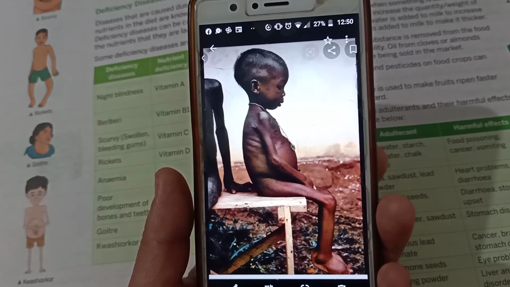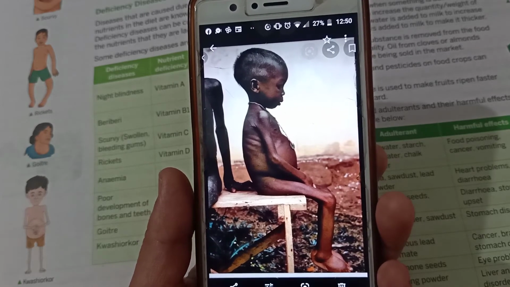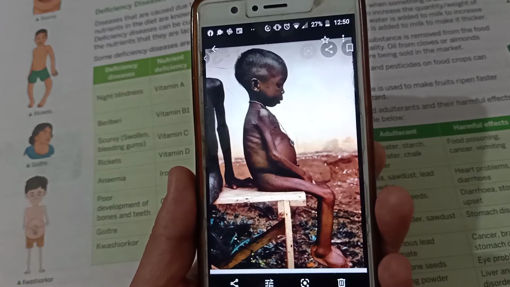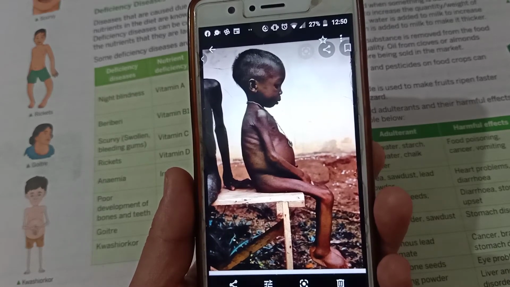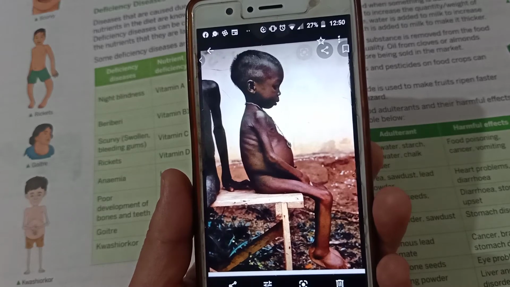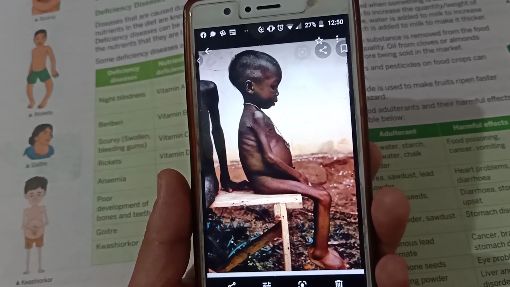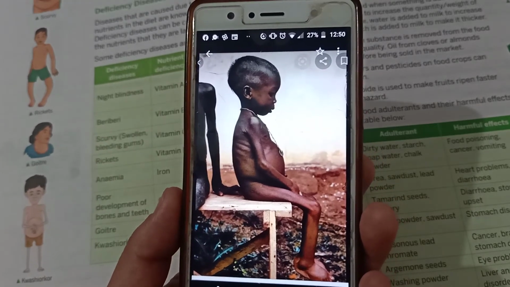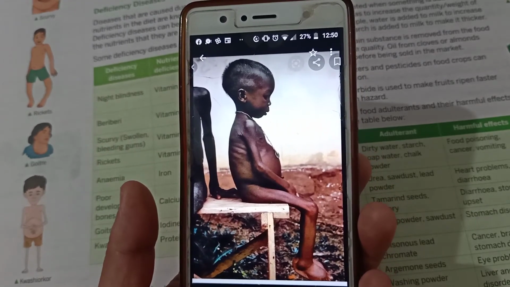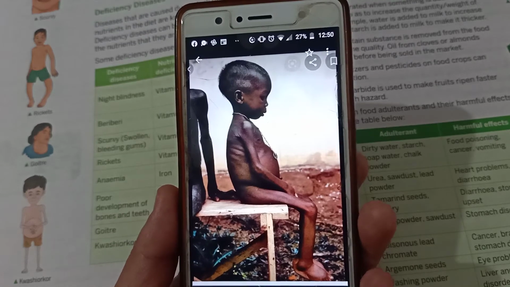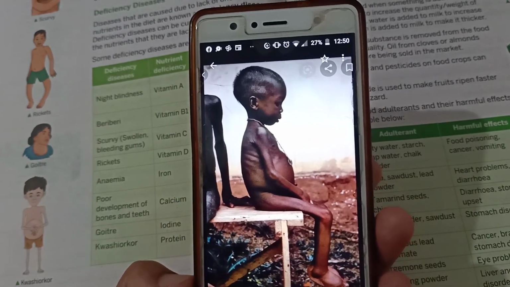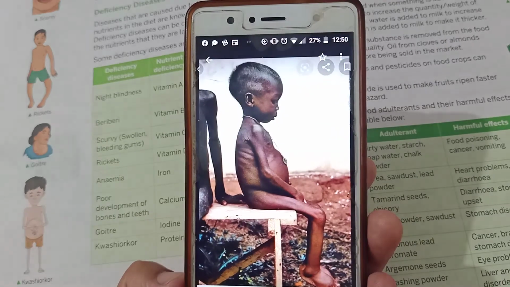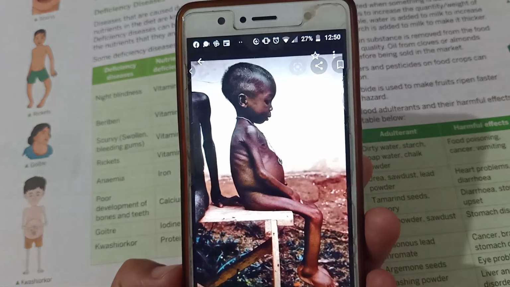This disease is also impacting our country India. In most places where people are living on the streets, in slum areas, they do not have enough food to eat, and children there don't get enough food. So they are also lacking the vital nutrient protein, which is very essential for their development.